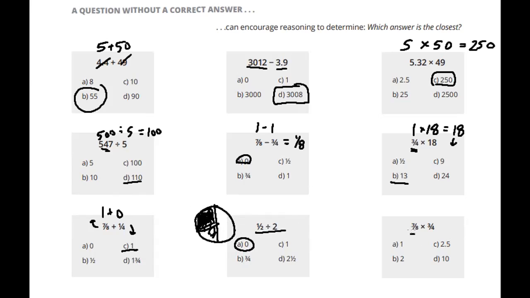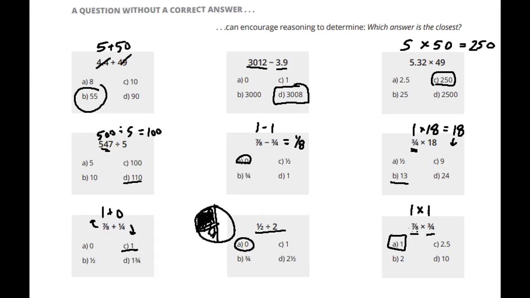Okay, last one. 7/8 times 3/4. Hmm. Okay, let's think about rounding them. What is 7/8 going to round to? 1. So yeah, 1. And then 3/4 is going to round to 1. And we're multiplying 1 times 1. So 1 is a better answer than 2.